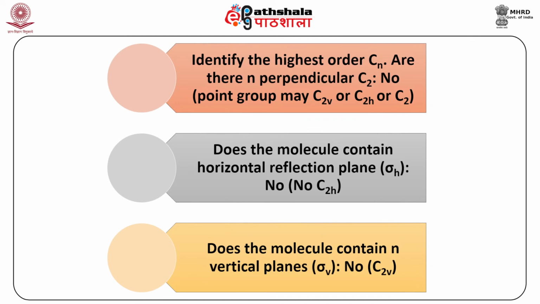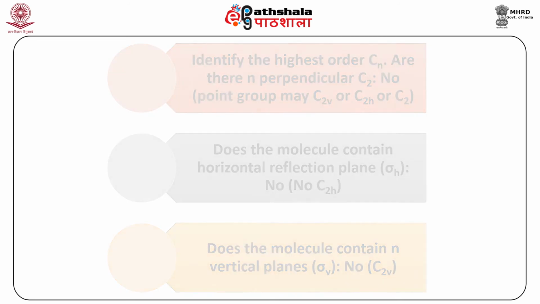Does it contain a horizontal reflection plane or a vertical reflection plane? No, it does not. Thus, we are cancelling out C2V and C2H because it does not contain vertical or horizontal reflection planes. The only option left with us for the point group of hydrogen peroxide is C2. Thus, the point group of hydrogen peroxide is C2.